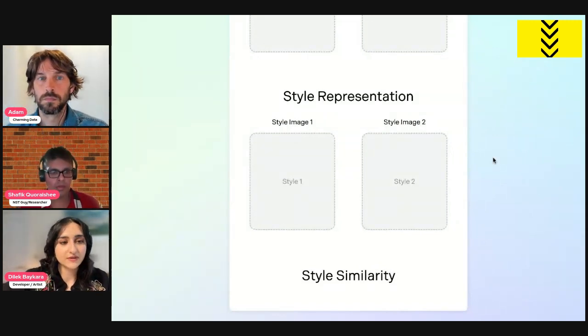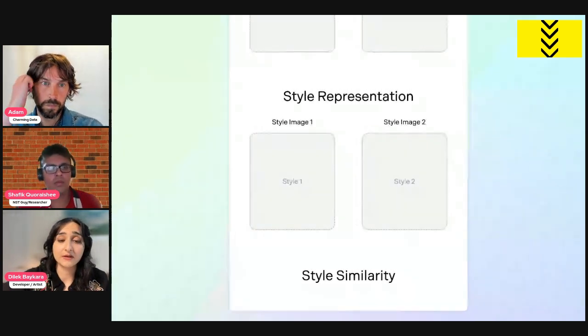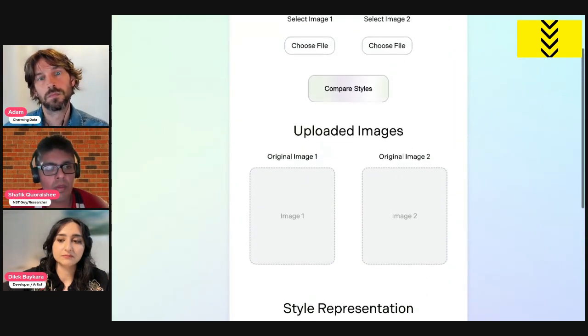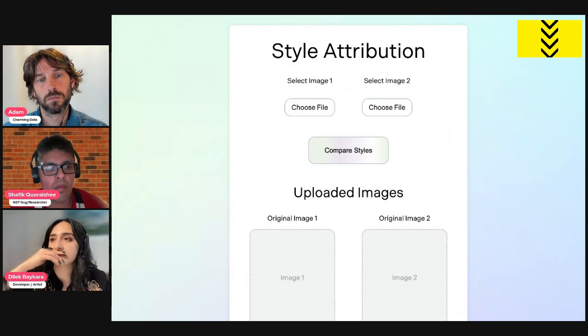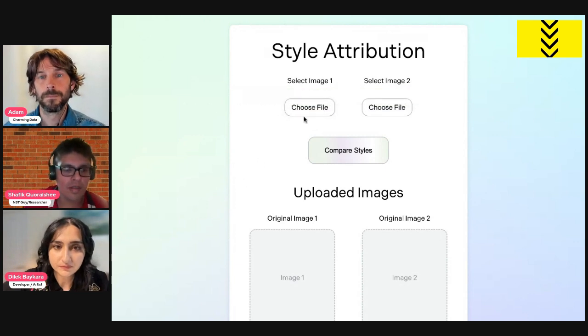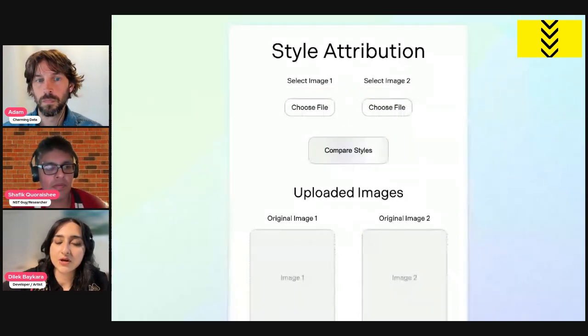And then within the style similarity div, it's going to display a numerical percentage, how do I say this, to display how similar both styles are. Okay. And both have a data tooltip as well here.